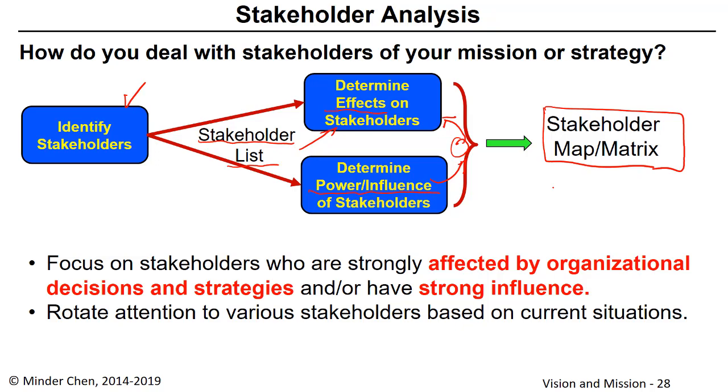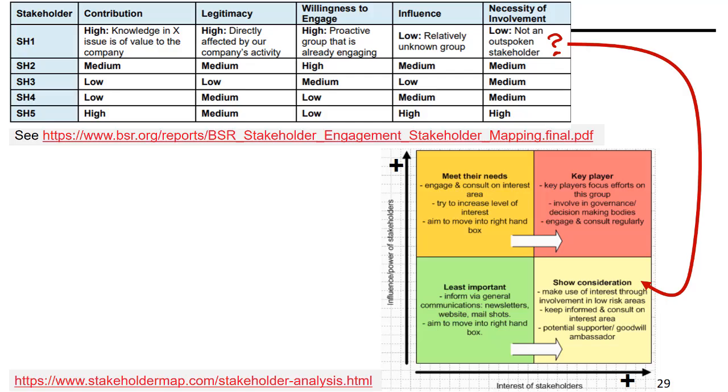So let's look at an example of a stakeholder matrix or map. This is actually a very detailed one. We have a list of stakeholders. We would identify their contribution, and their legitimacy in terms of whether they have influence or whether they actually will be affected.